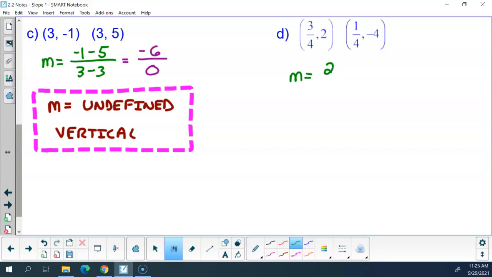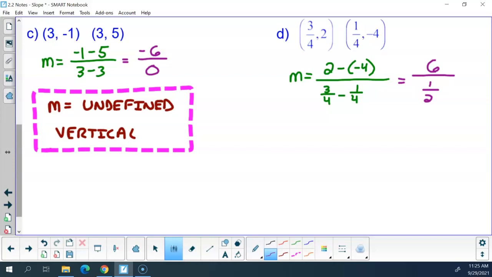So we got 2 minus -4 all over 3/4 minus 1/4. So that is going to be 6 on top and 1/2 on the bottom, right? Because 3/4 minus 1/4 is 2/4, and 2/4 reduces to 1/2.